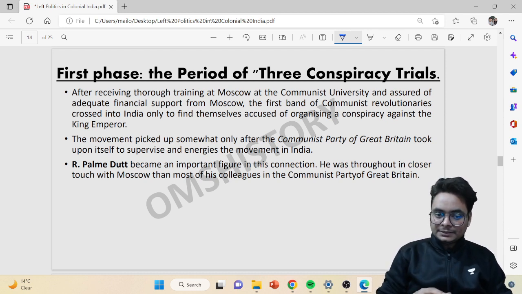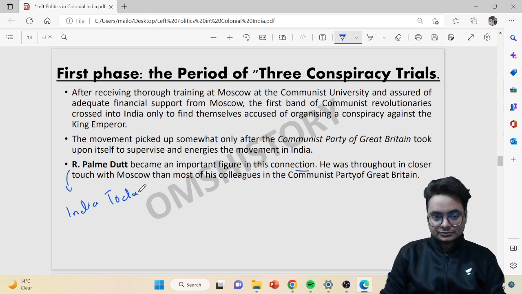Anyway, the movement picked up somewhat only after the Communist Party of Great Britain started taking interest in the movement of India, and started supervising the movements in India. Rajni Palme Dutt became an important figure in this connection. Rajni Palme Dutt, sorry, who went on to write India Today.